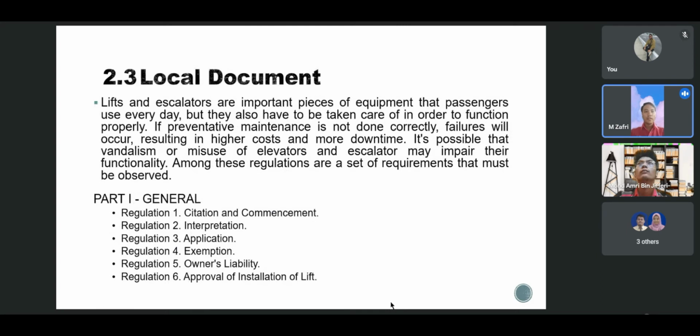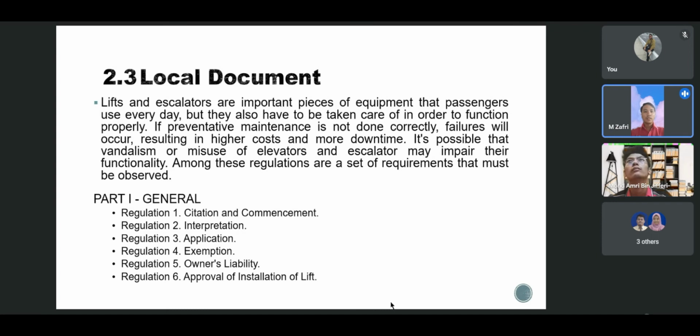The lifts and escalators are important pieces of equipment that passengers use every day, but they also have to be taken care of in order to function properly. If preventive maintenance is not done correctly, failures will occur, resulting in high cost and more downtime. It is possible that vandalism or misuse of elevators and escalators may impair their functionality.